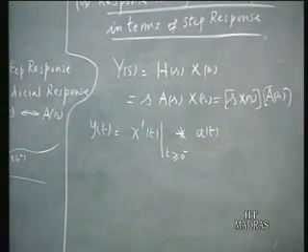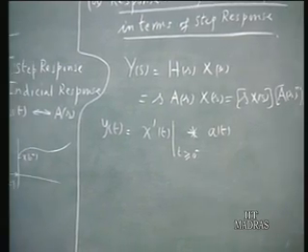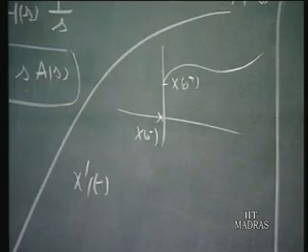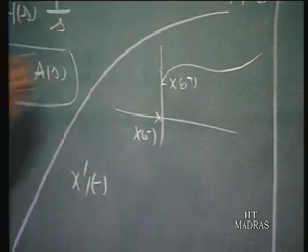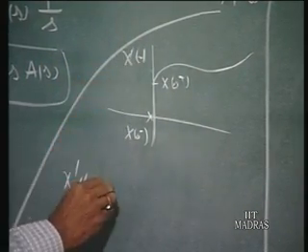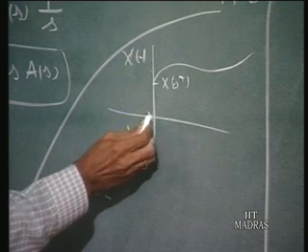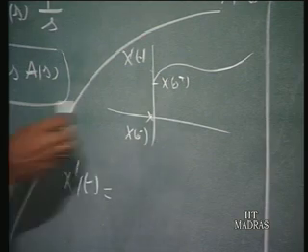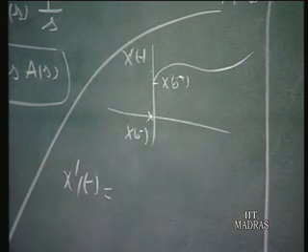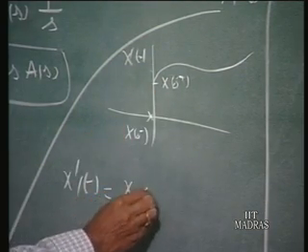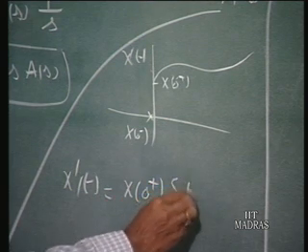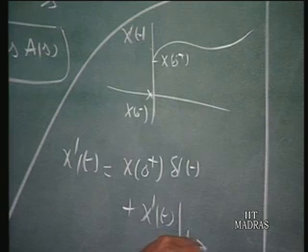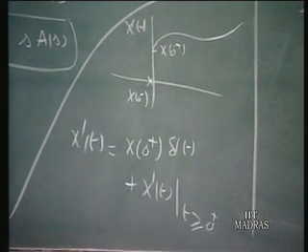Now you note that if this is the variation of x(t), x prime(t) can be written as follows. In the jump, x(0 minus) is 0 because we always talk about causal inputs. So the causal input 0 jumps to x(0 plus). Therefore, for the derivative you get x(0 plus) times delta(t) plus the rest of the derivative starting from t equals 0 plus onwards.